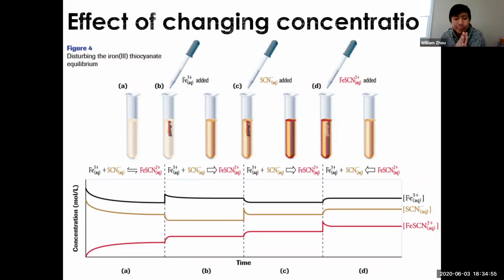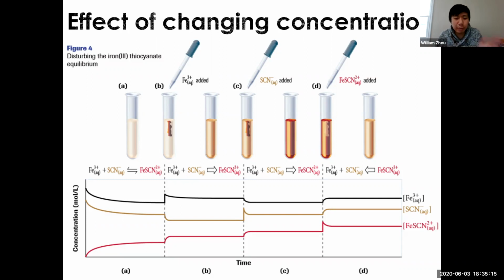How? By making more product. The equilibrium will shift to the right side to make more product so that you will lower the iron concentration again. And this increases the FeSCN2+ ion, which is dark red. If you increase that, you become darker. You see what I mean?